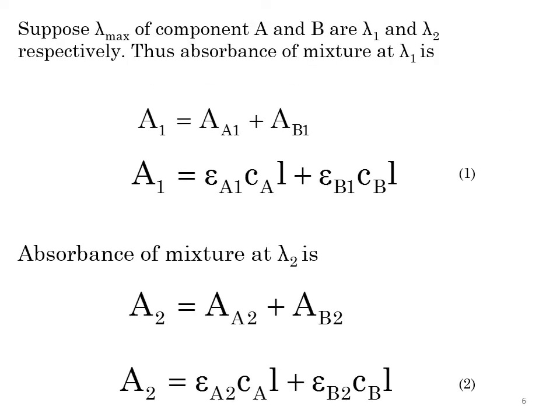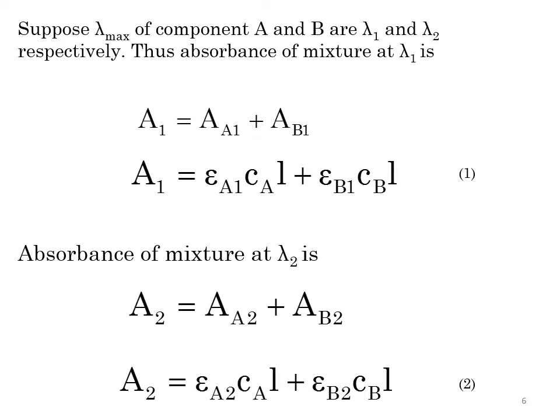Suppose lambda max of component A is lambda 1 and lambda max of component B is lambda 2. Then the absorbance of the mixture at lambda 1 can be written as A1 equals A with subscript A1 plus A with subscript B1. Here A with subscript A1 represents the absorbance of component A at wavelength lambda 1.